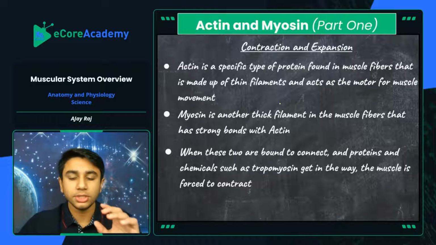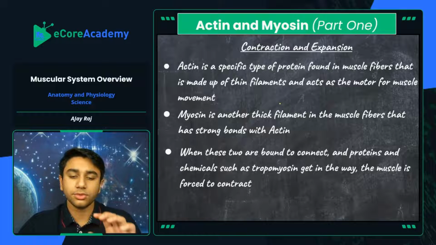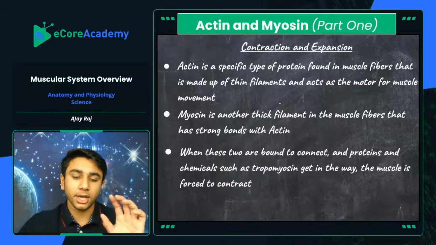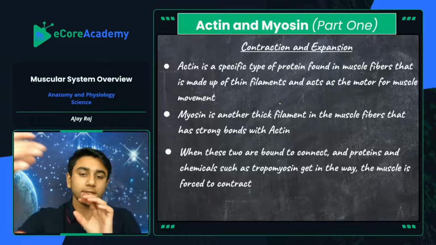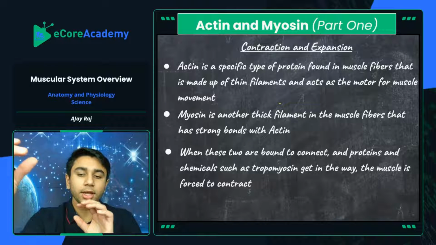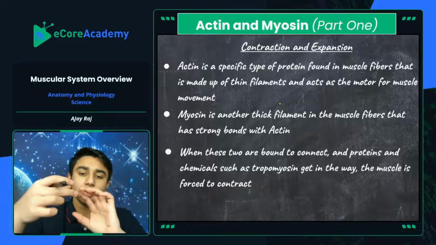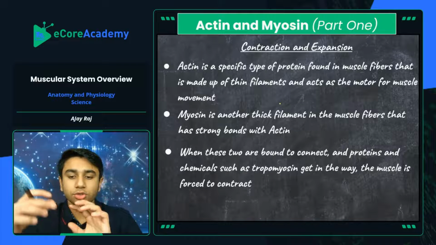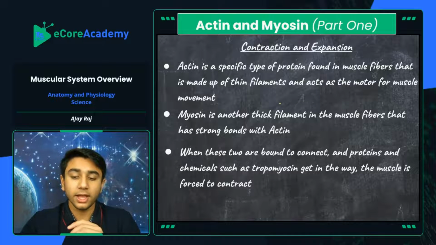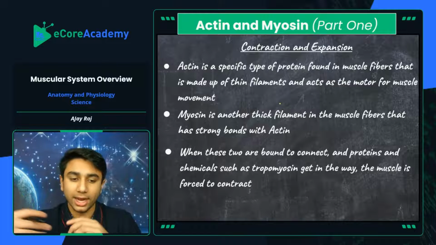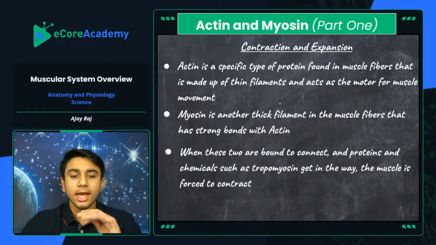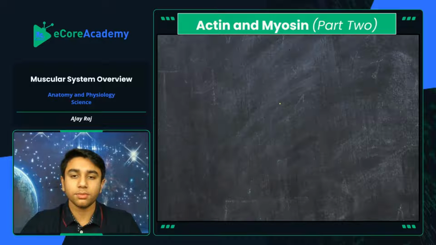So these two proteins are essentially attracting towards each other, specifically the myosin binding sites located on those muscle fibers, and those actin proteins that are free floating. When they're trying to attract towards each other and bind at that site, tropomyosin and other chemicals, when you want to flex, will get in the way, and then the muscle is actually forced to contract in that manner. And I'll explain how that works, how the fluid balance in the muscle works as well.